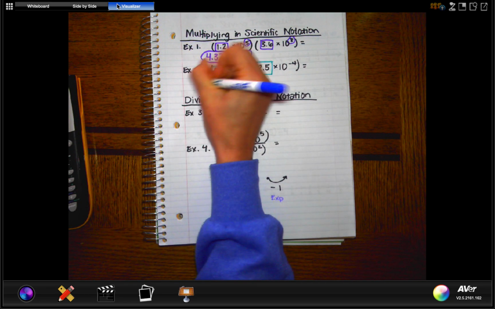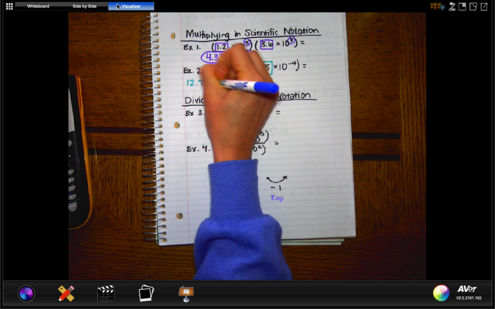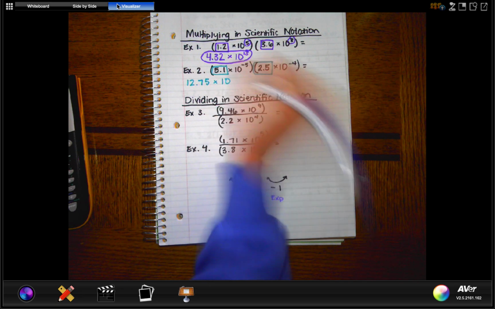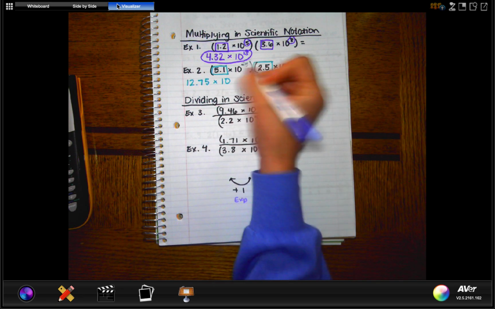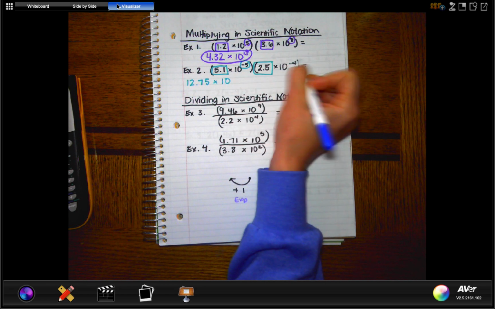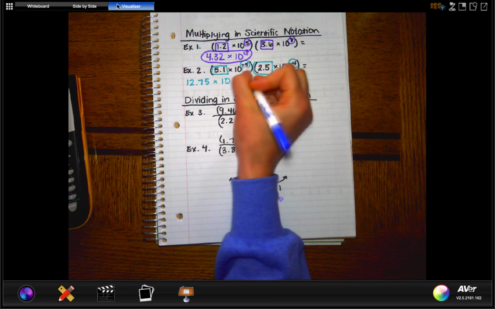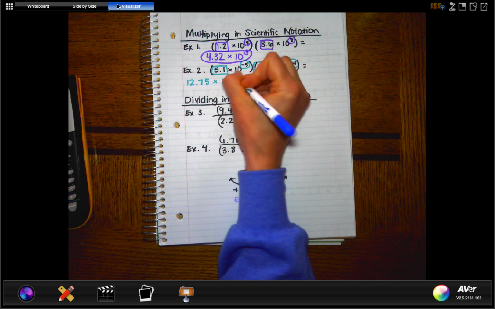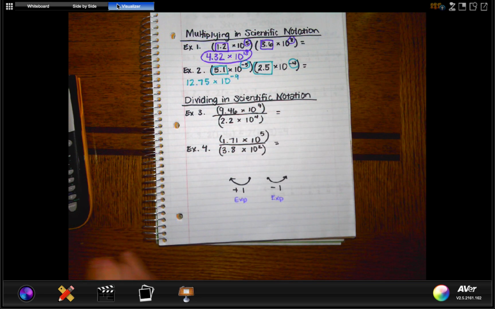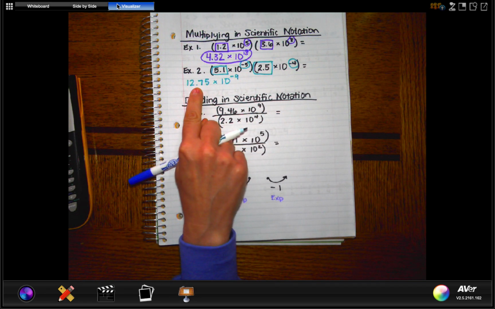So we're going to write that down. Times 10, keep that base of 10, and we're going to now add these exponents, negative 5 plus negative 4. Again, if you have a calculator, you might want to double check this answer, but negative 5 plus negative 4 is negative 9.